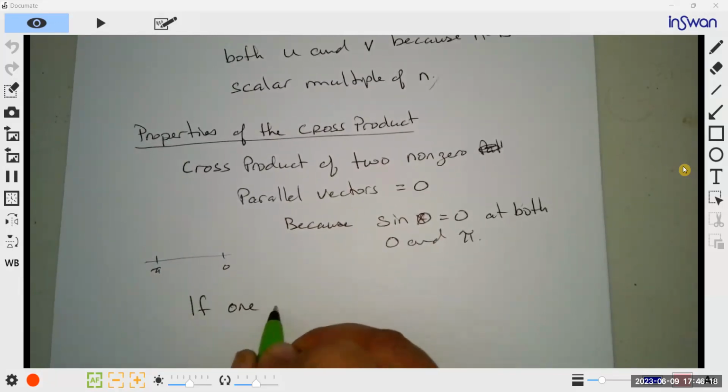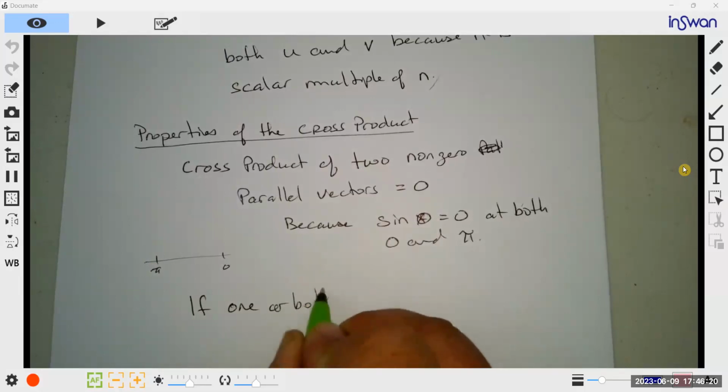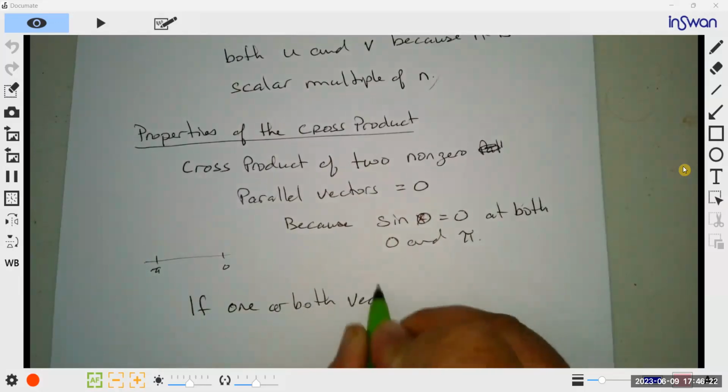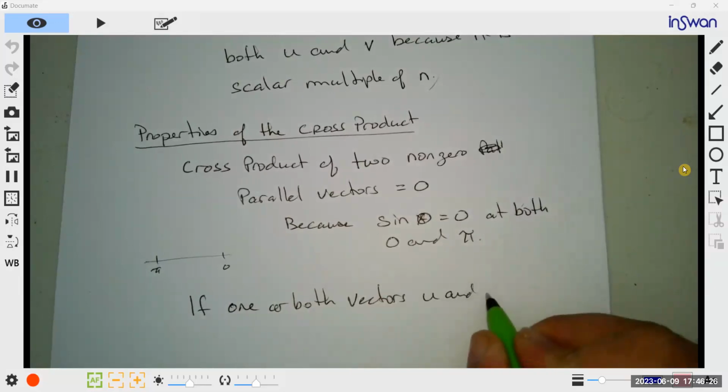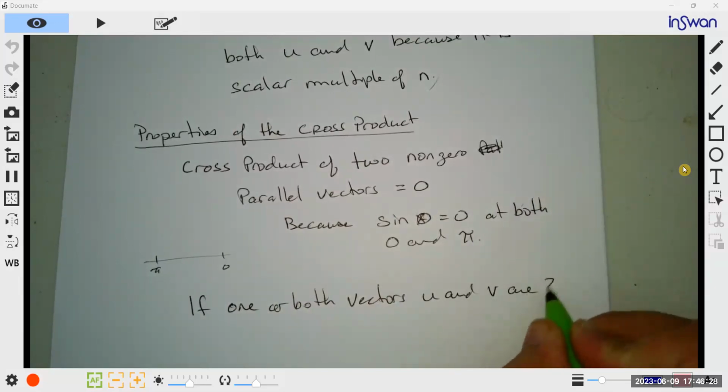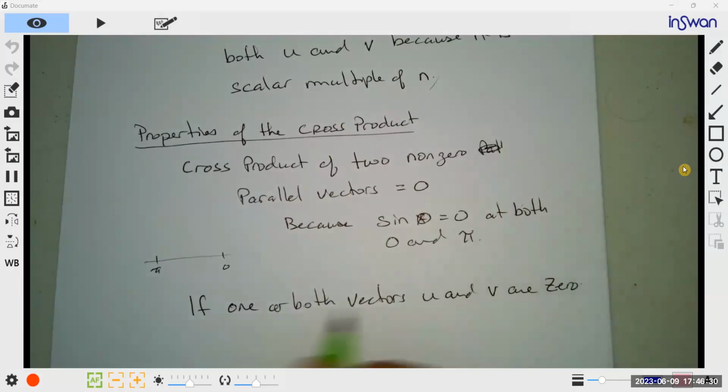If one or both vectors u and v are zeros, then the cross product is zero.